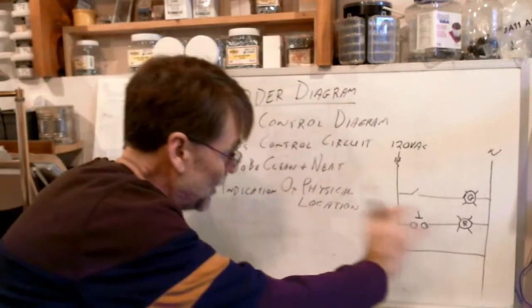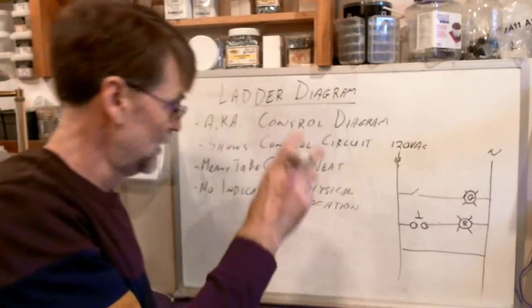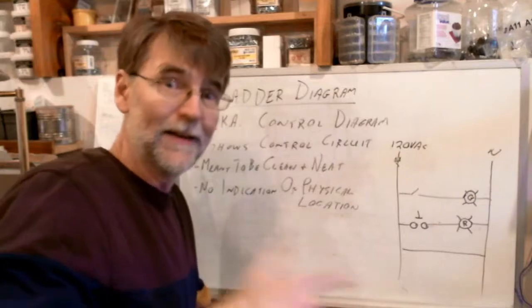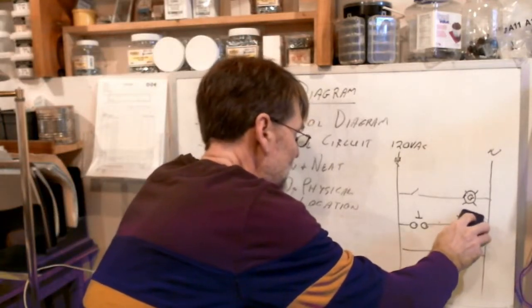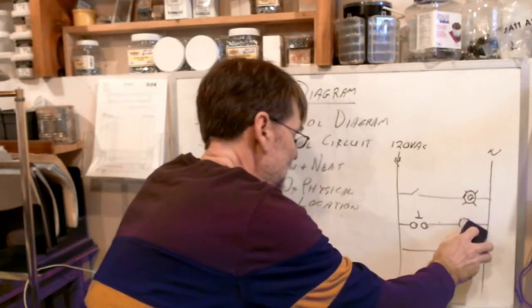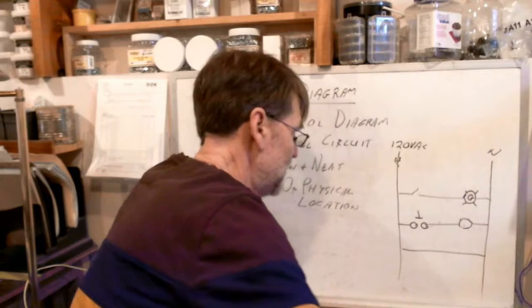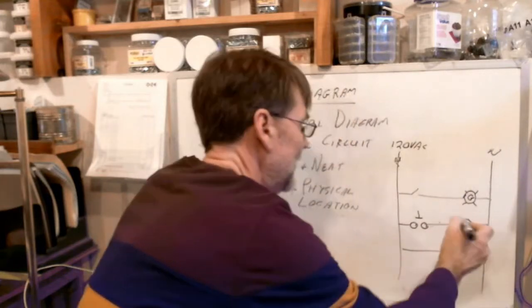When we're drawing the ladder diagram, that doesn't matter. For example, I'm going to have to skip ahead a little bit again. Ron's going to be teaching this on Wednesday, but if we eliminate those lines and say, no, that's not a pilot light, that is in fact a cube relay.